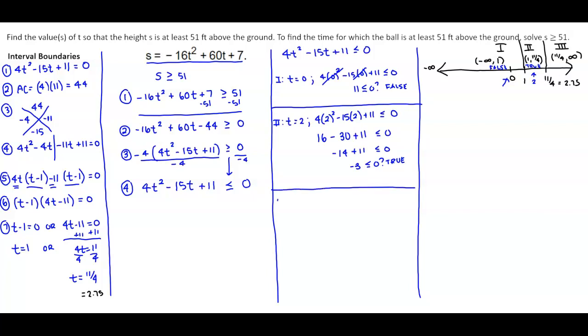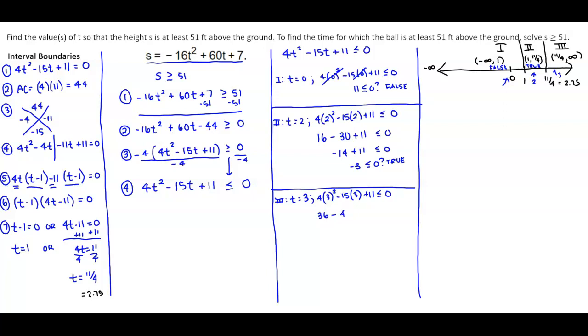Okay, if we take a look at region number 3, we're going to pick t, since that's 2.75, we can pick 3. So when t is equal to 3, we get 4 times 3 squared minus 15 times 3 plus 11. We want to see if that's less than or equal to 0. 3 squared is 9, and 9 times 4 is 36, minus 15 times 3, which is 45, excuse me.